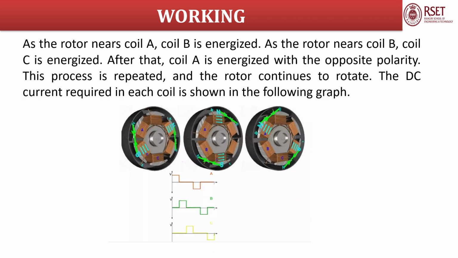As the rotor approaches coil A, coil B is energized, and then as the rotor moves closer to coil B, coil C is energized. Next, coil A is energized again with the opposite polarity. This sequence continues repeatedly, resulting in continuous rotation of the rotor.